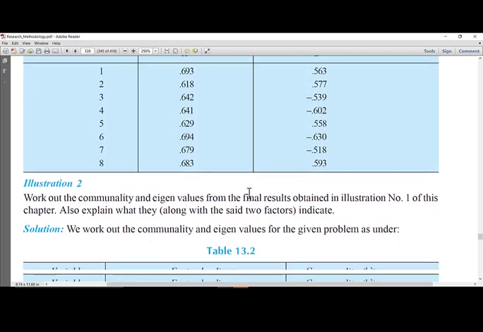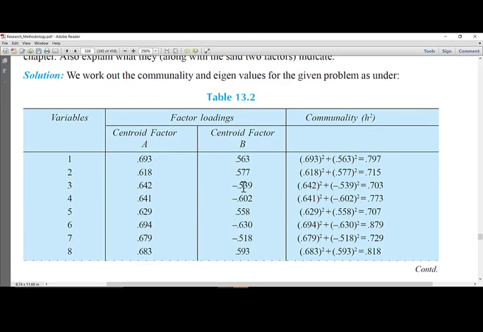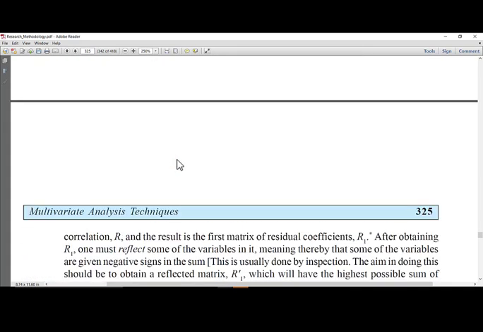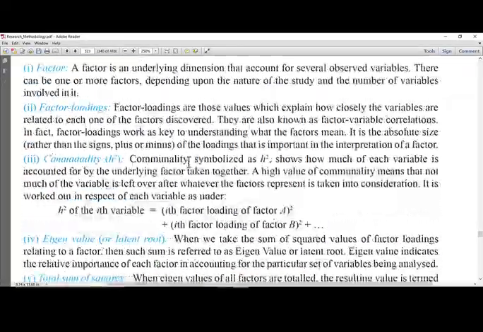Now coming to this part, what is communality and what we have done here. If you remember, in the beginning I had shown that for communality there is one expression, h square.